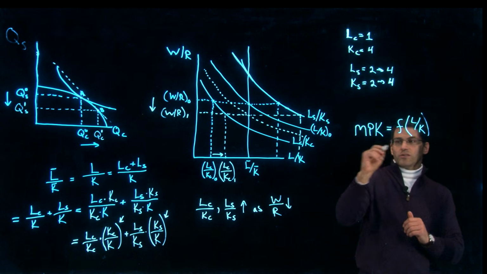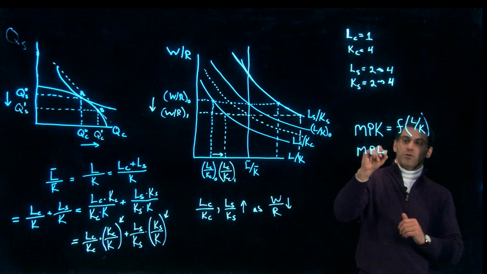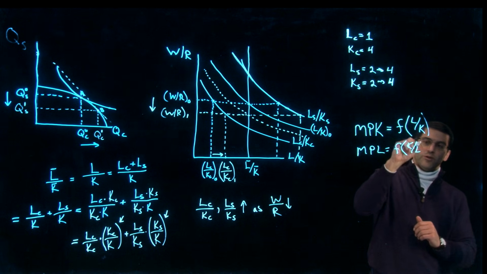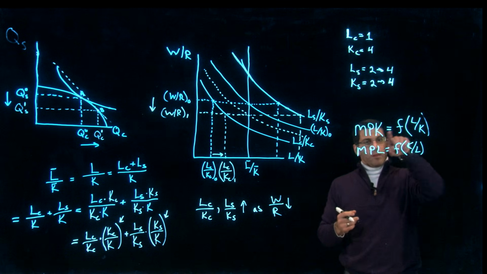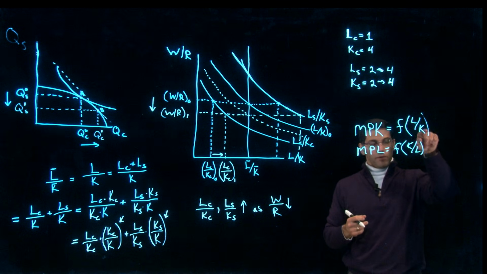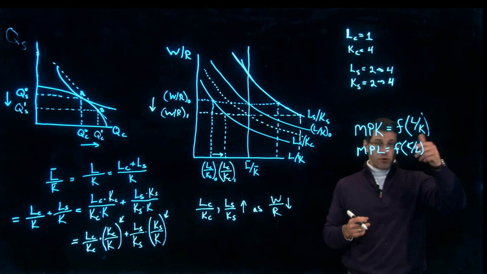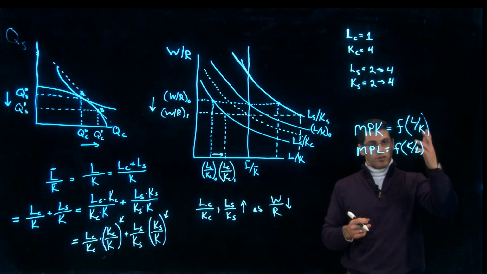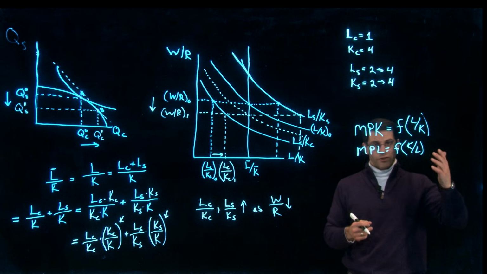And likewise, the marginal product of labor will be a function of the capital to labor ratio. Right, the marginal product of capital increases as the labor to capital ratio increases, whereas the reverse is going to be true for labor. The marginal product of labor will increase as the capital to labor ratio increases.